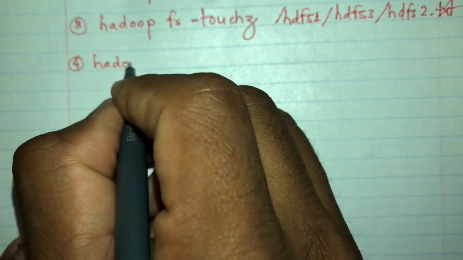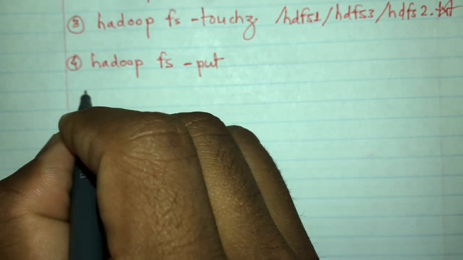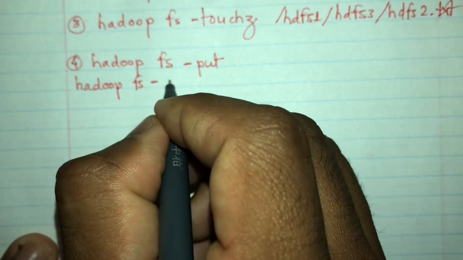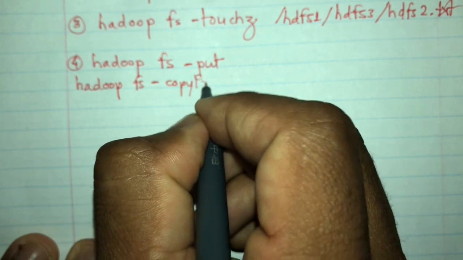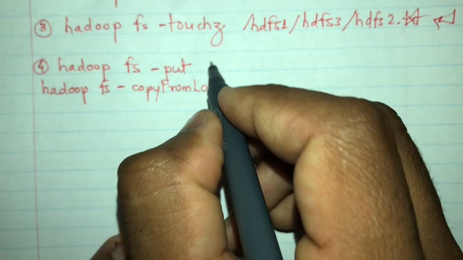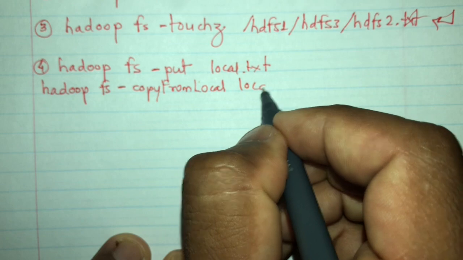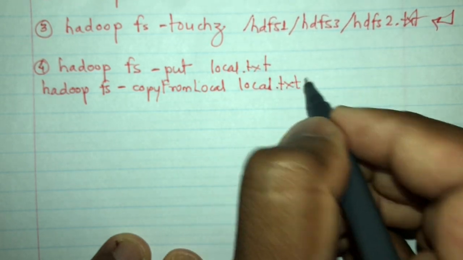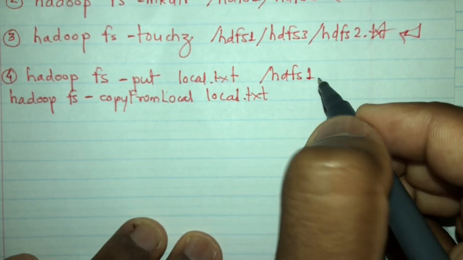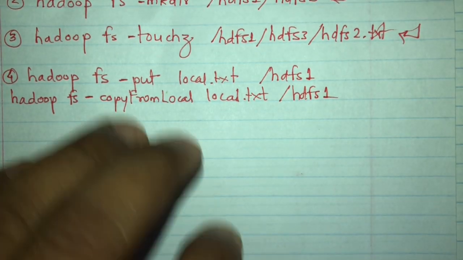hadoop fs -put, or copyFromLocal, then everything will be the same. So local.txt here and local.txt here will move to, let's say, /hdfs1.